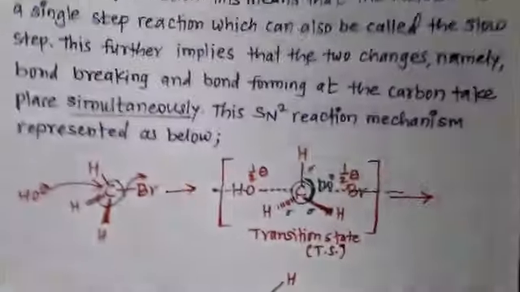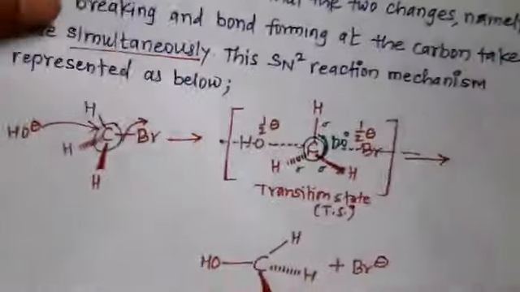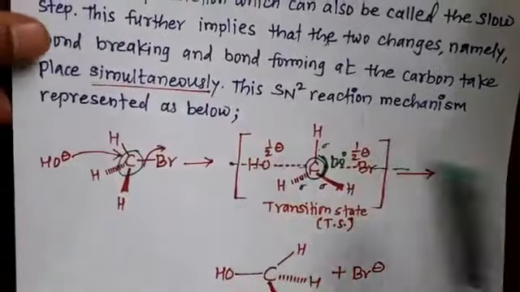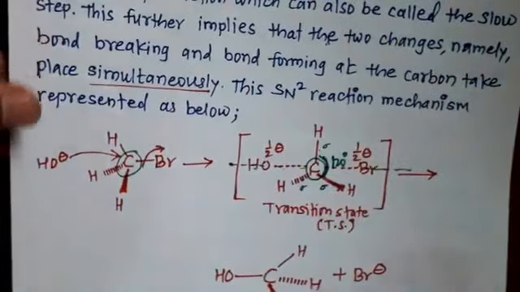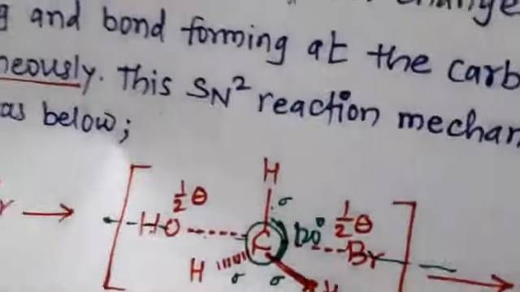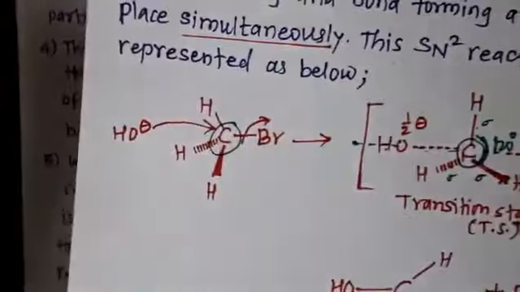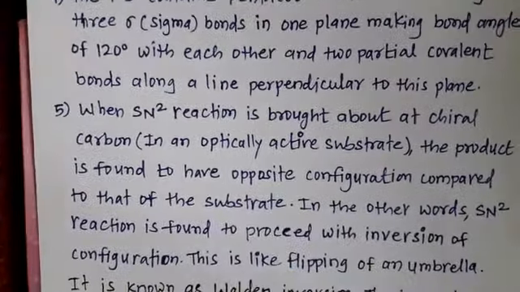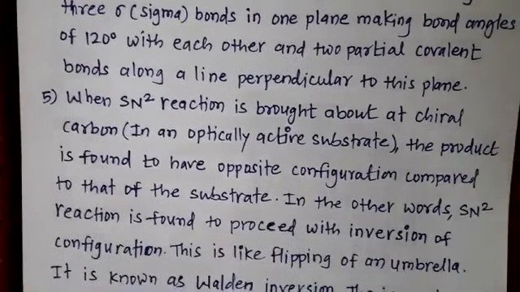Consider this is a single plane and these 3 sigma bonds are present in this plane, and when we draw the line, one bond is above the plane and the other bond is below the plane, meaning both bonds are perpendicular to the plane. When SN2 reaction is carried out at a chiral carbon, here the substrate is methyl bromide, consider that the substrate is optically active.